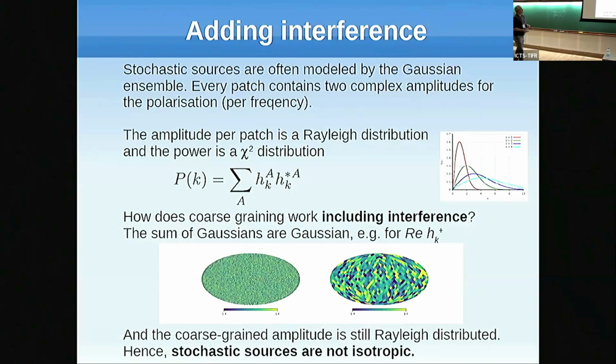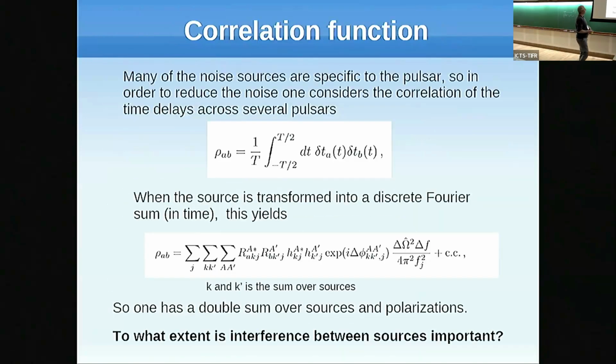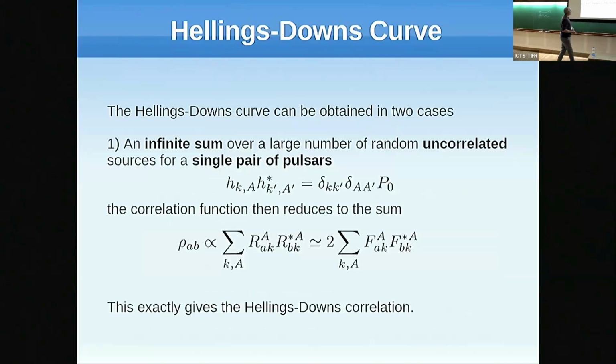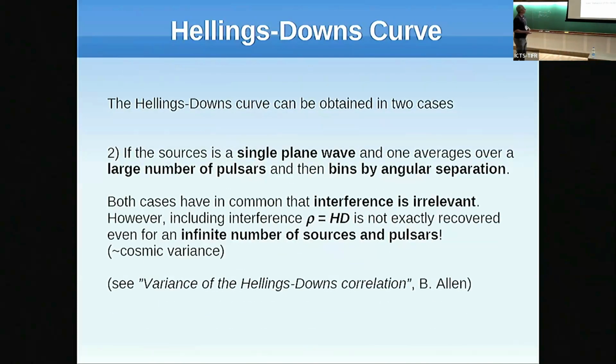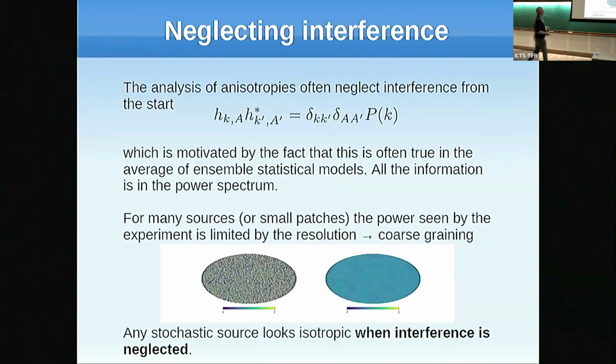So now we want to add interference. And this means, if you go back to this equation, we want to not average over power, but we want to average over the amplitudes. So if you now do the same thing, so you have the sky with many, many small pixels, you assign Gaussian distributions to the real and imaginary parts of your amplitude, and you average over this, what you get are still Gaussian contributions.